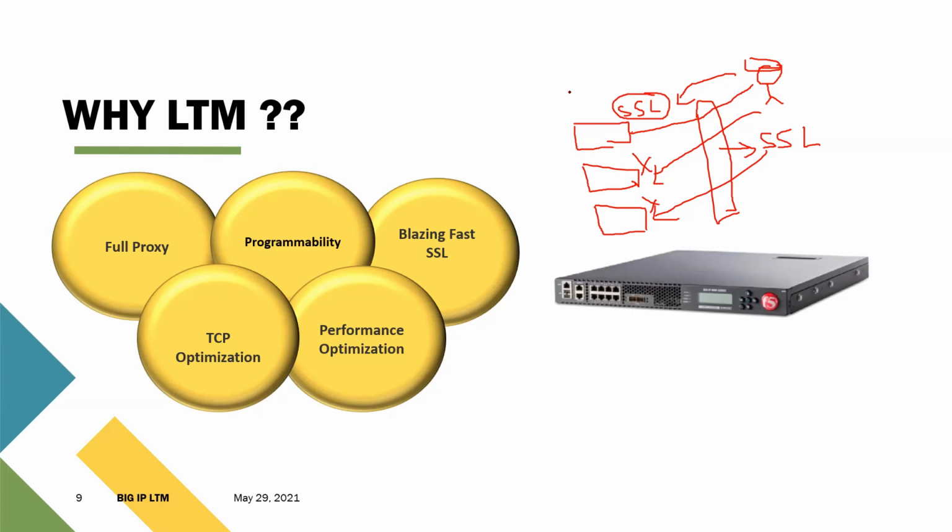And the third option is where you are having SSL offloading on both sides, like your actual server as well as your LTM. So there are three possible solutions, which you can implement as per your requirement.